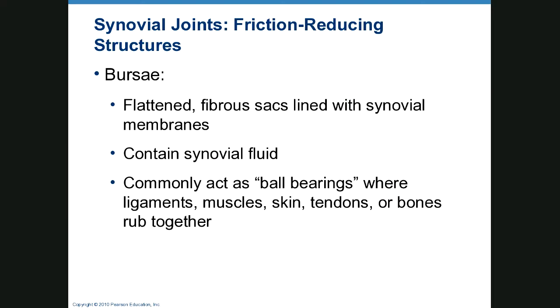Okay, other things associated with joints, bursa. I don't know about you, but I know my granny said, I got bursitis. Well, she probably did. They're little flattened fibrous sacs lined with synovial fluid, and they act as ball bearings around joints, where ligaments, skin, tendons, or bones could rub together.